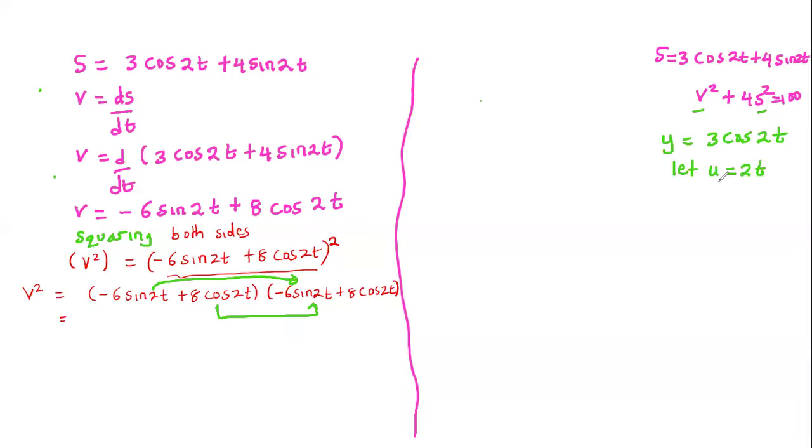Now, when you differentiate 2t, what do you have? du dt. What shall we have? I get 2. Now I have y is equal to 3 cos of u. Differentiate for me, what is our dy du here?